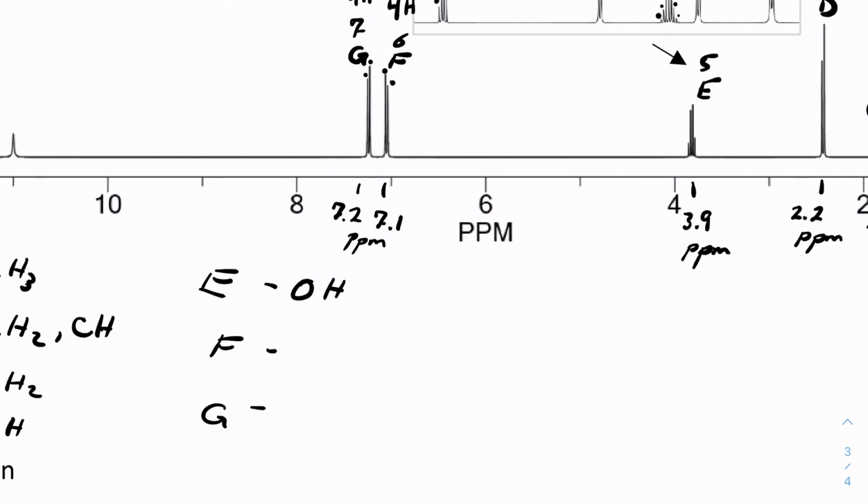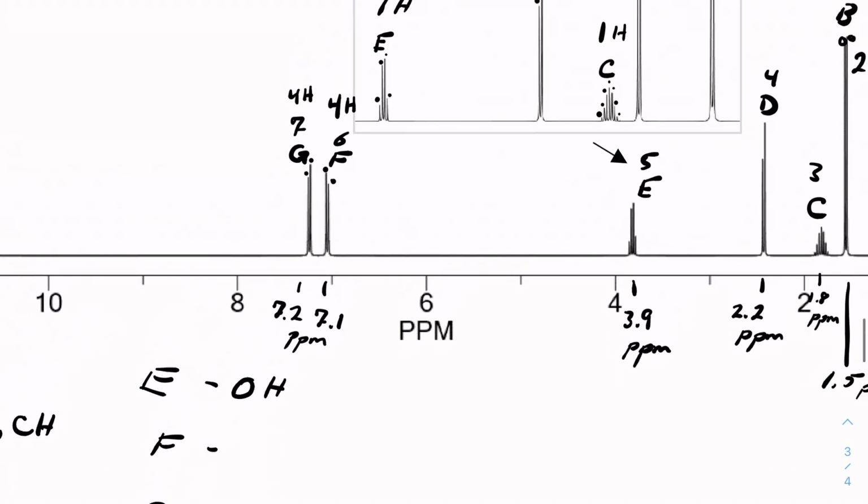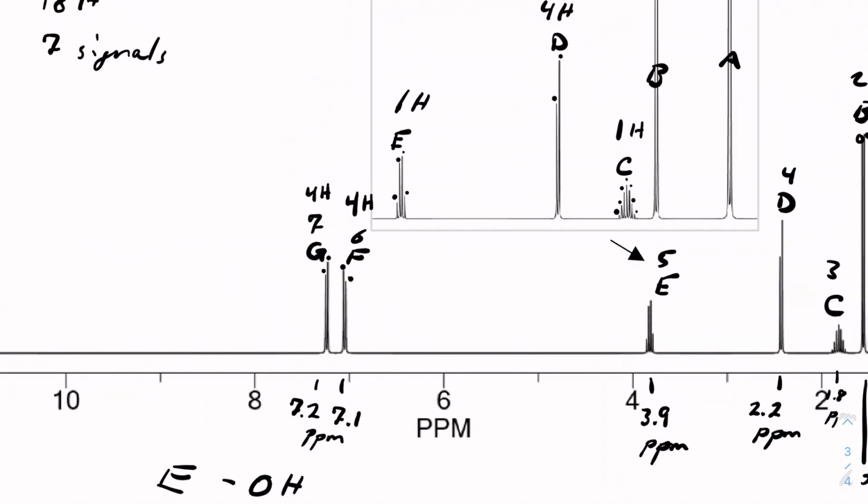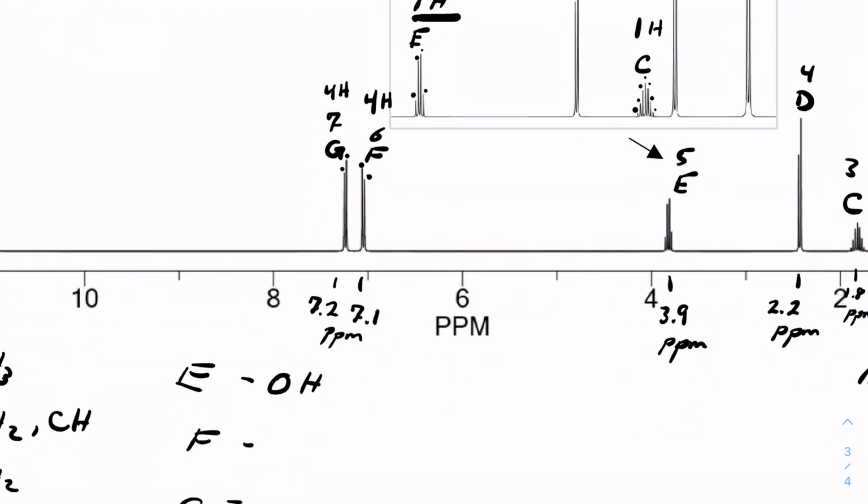And then F, we can also see that, or excuse me, there's only going to be one OH group. I looked at F and not at E. E is going to be one OH group because there's only one H. And again, one H, referring back to the other NMR that we did, we can know that with a 1H configuration, it's going to be an OH group or an O group. In this case, it's going to be an OH group.